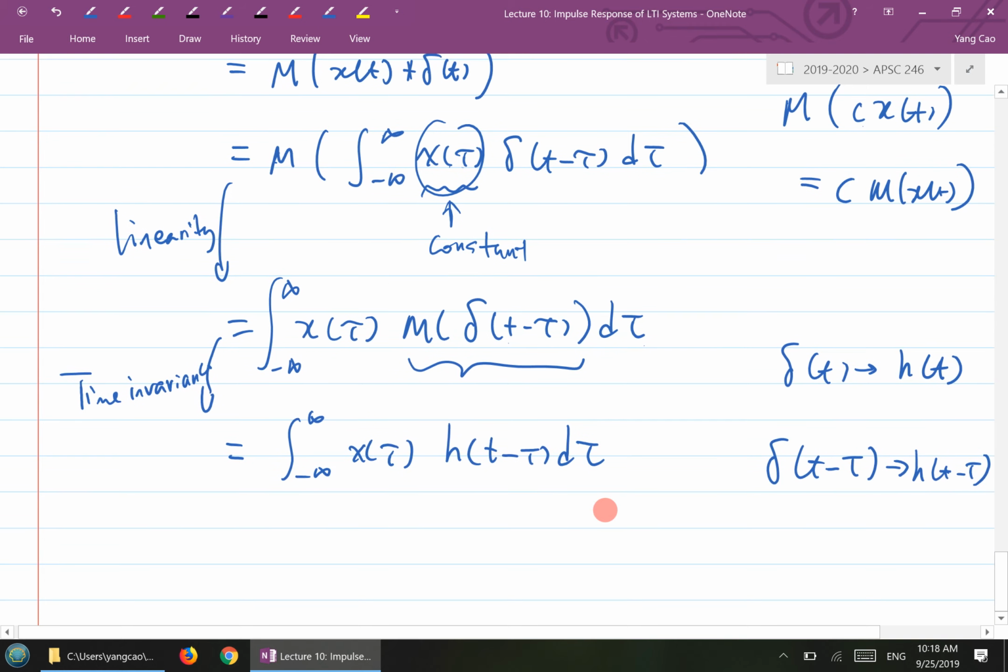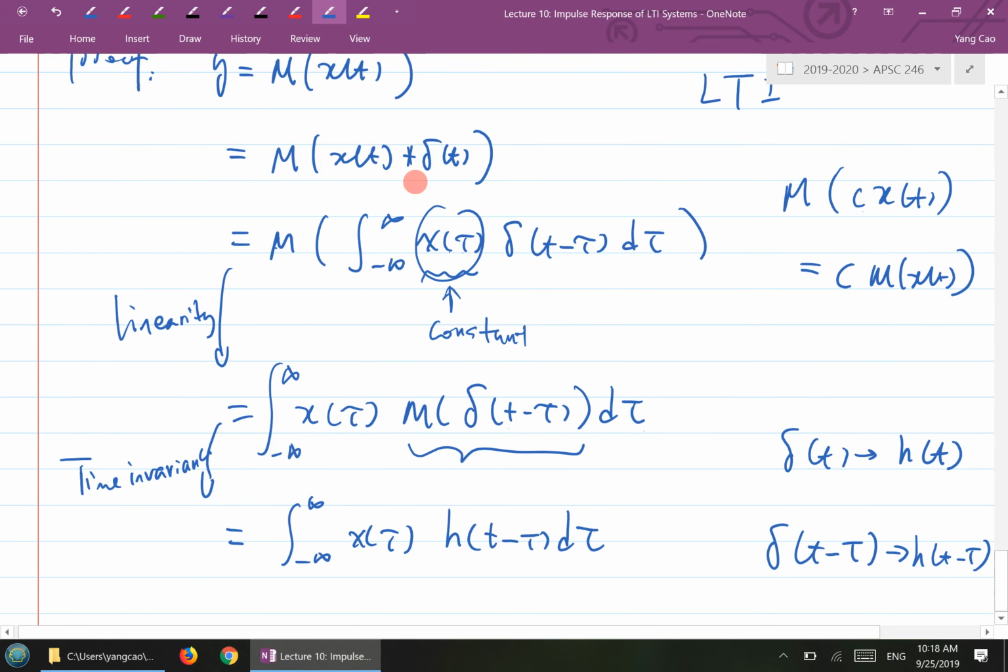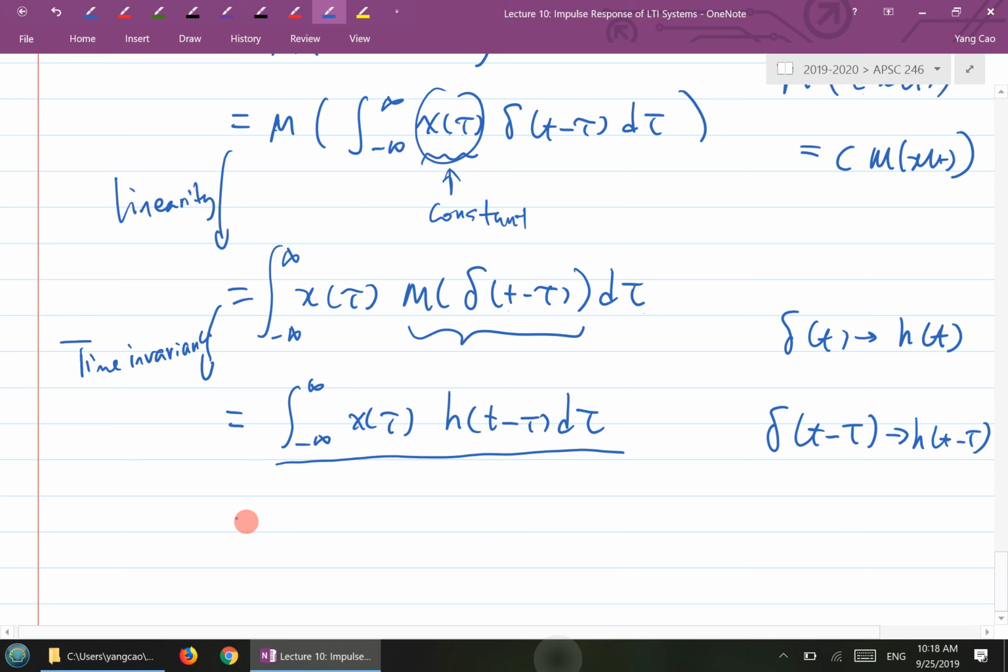So your original manipulation from here to here ends up with this, and according to the convolution formula, this is x of t convolved with h of t. So that's a simple proof.